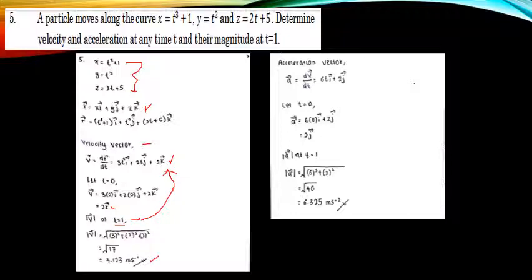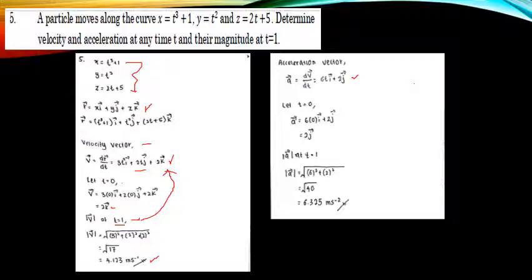For acceleration, vector a equals dv over dt. From the previous equation, 3t squared i plus 2tj plus 2k, we get the new derivative, which is 6ti plus 2j.